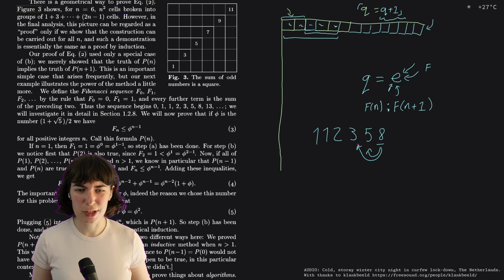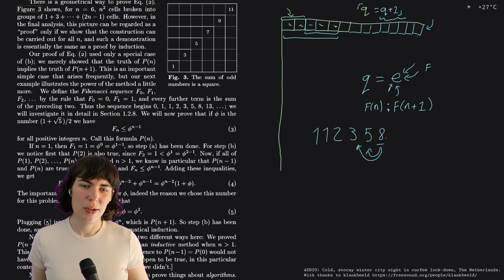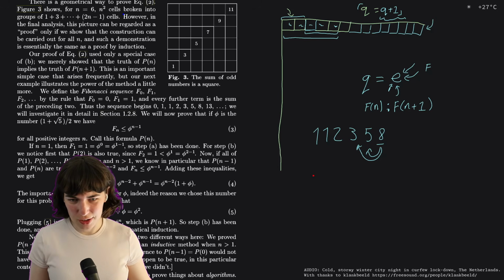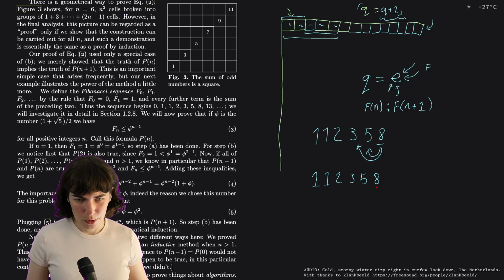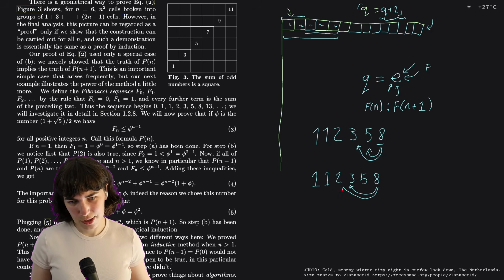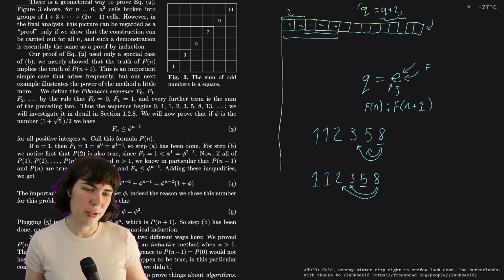That's what we like for the dynamic array purposes. But if we could imagine a sequence that would be better, what we would really like is a sequence that was the sum of these two numbers. So we skip one, because this one is going to be holding the list, the array, sorry. So we can't really use this space.